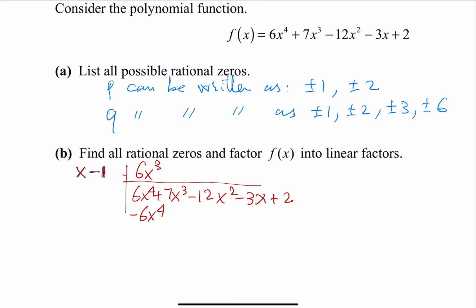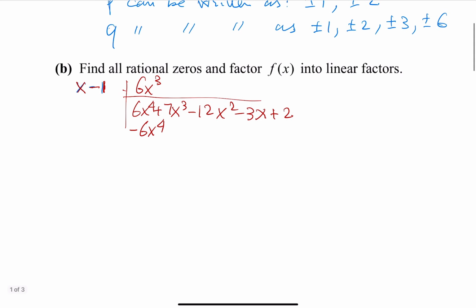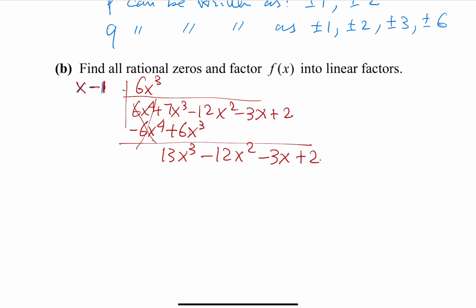Got it? Okay. Do the same thing for this one. 6x to the third times negative 1 is negative 6x to the third. Take the opposite sign, which is positive 6x to the third. Add them up, so here will cancel out, and then here you will have 13x to the third minus 12x squared minus 3x plus 2.